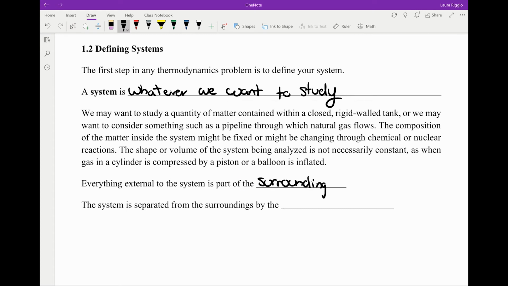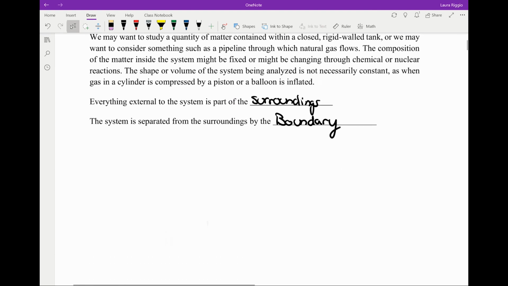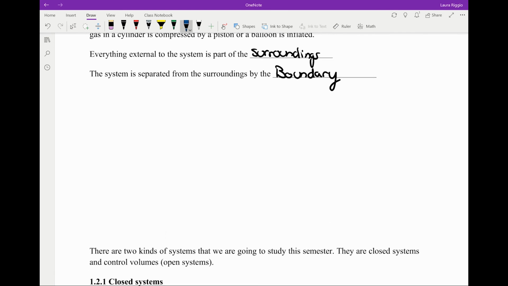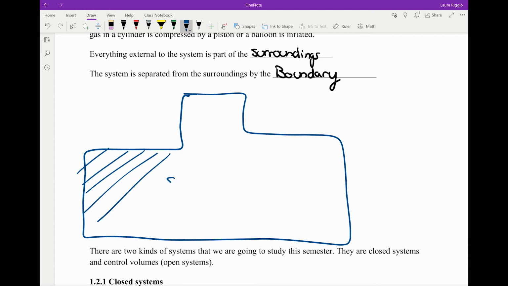Everything that is external to the system is part of the surroundings. And what separates the system from the surroundings is the boundary. So I'm going to draw a little bit of a picture here. So here I have my system.